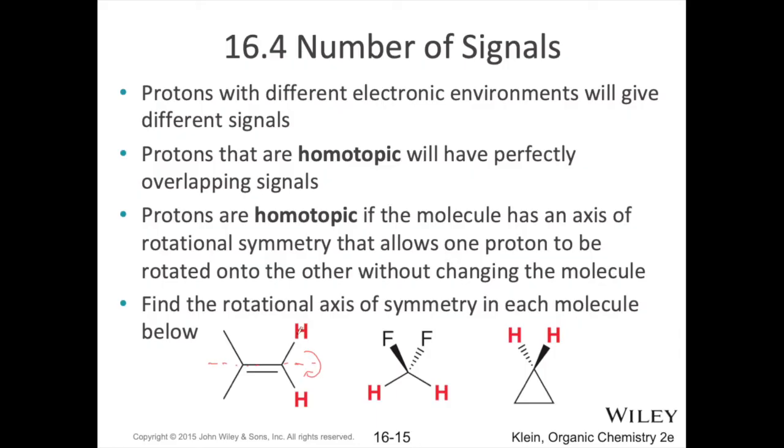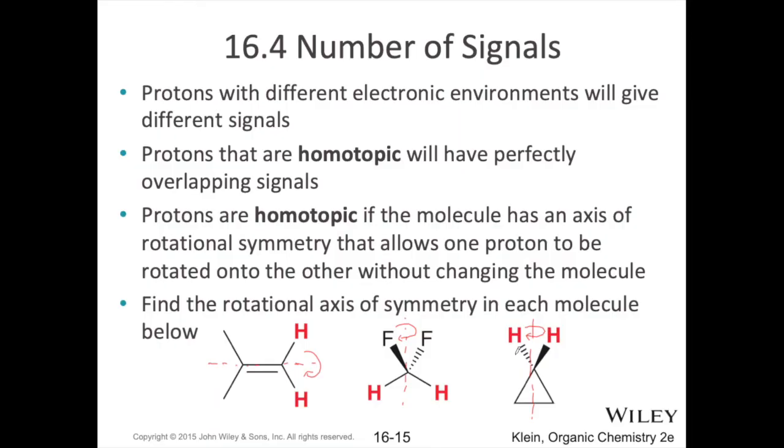So I rotate this 180 degrees around this axis, and I would have the same molecule again. Same thing applies over here. For this molecule, you can imagine the axis going down this way, so if I rotate this molecule 180 degrees, I would get the same molecule again. Same thing over here; you can imagine that axis and rotate this molecule 180 degrees, and you'll get the same molecule.